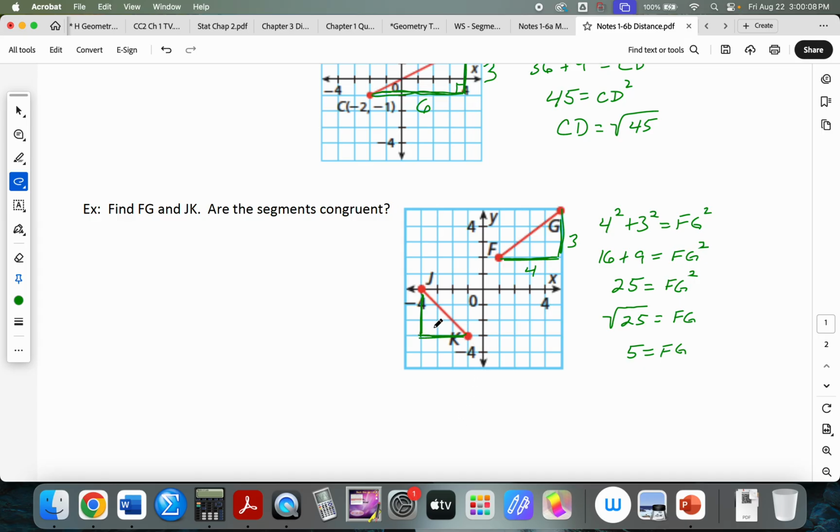I'm going to count. This is 1, 2, 3 here. This is 1, 2. This is 3 here also. I already know this isn't going to work out because on the other one, the sides were 3 and 4. And here they're 3 and 3. But let's go ahead and find the length. So it'll be 3 squared plus 3 squared is equal to JK squared.